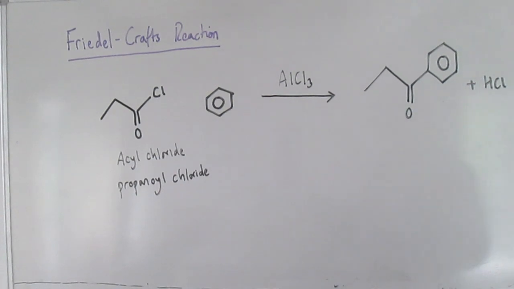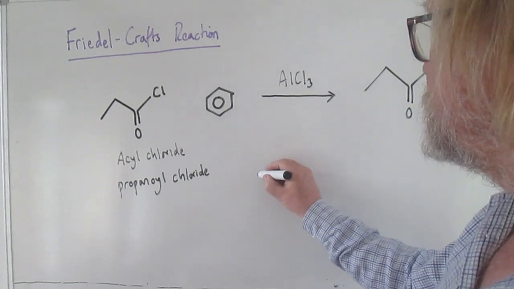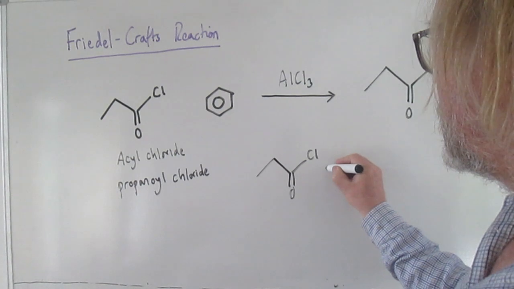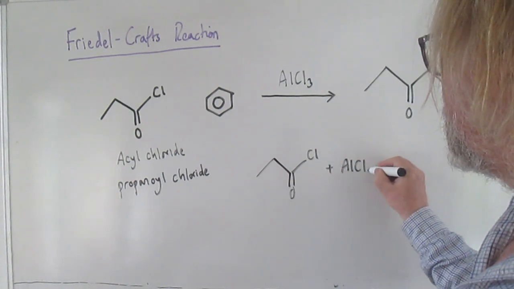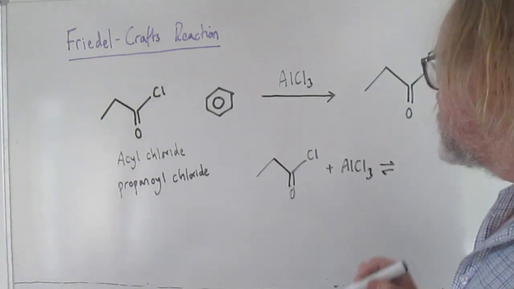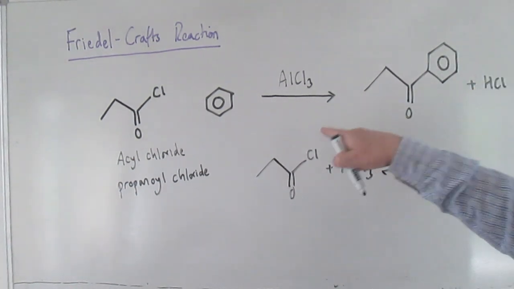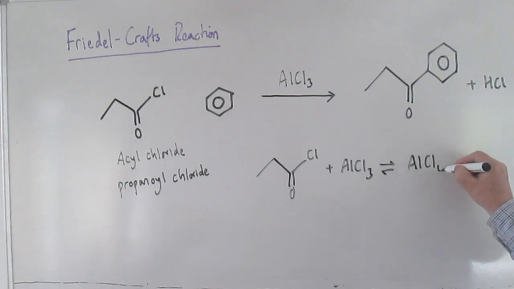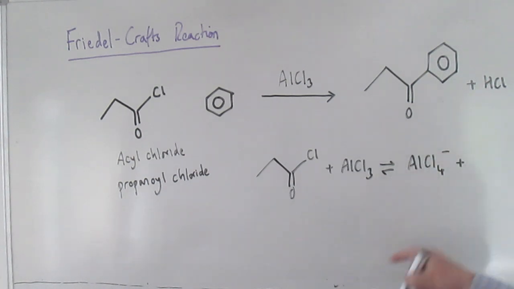And the mechanism is exactly the same as you've already learnt. So if you start with your propanoyl chloride and you add AlCl3, then you know what the AlCl3 is going to do, because it's always the same. It grabs Cl- from whatever it's reacting with to give you AlCl4-, and what that leaves behind this time will be this positive ion, okay, with a positive charge on that carbon.